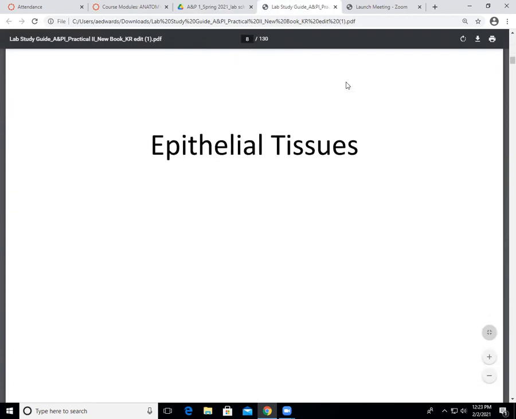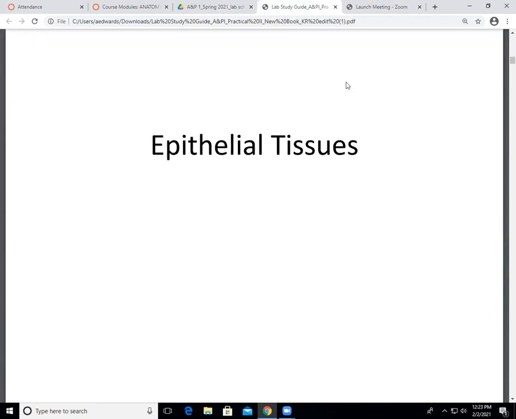So basically there's 4 types of tissues. We're going to start with epithelial, but basically we've got tissues: epithelial, we have connective tissue, muscle tissue, and nervous tissue.